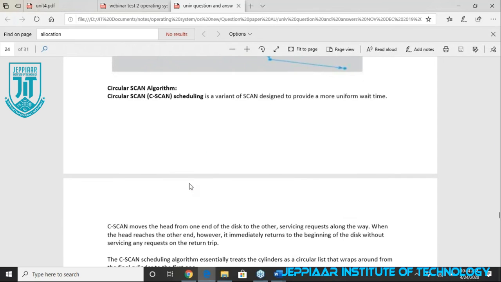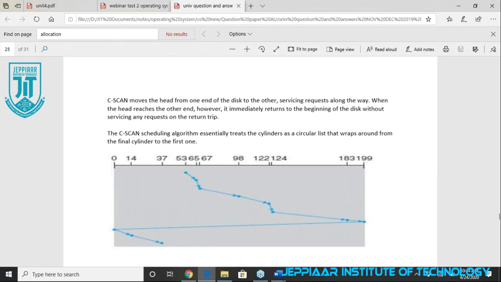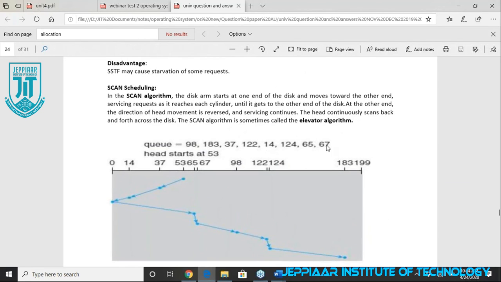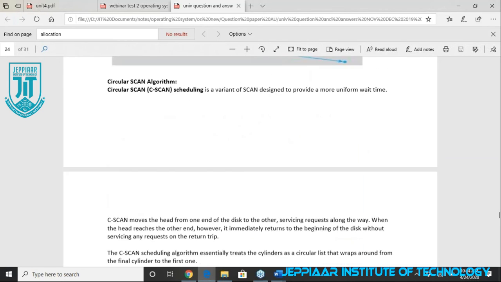Okay, and my C-look algorithm is similar to C-scan algorithm. So how does it work? Similar to C-scan, everything will serve: 65, 67, 98, 122, 124, 183. So after 183, I don't have 199 in the question. The question has not requested that 199 you have to read. So unnecessarily I'd be moving to the top floor, like a lift moves to the top floor. So I have to avoid that.